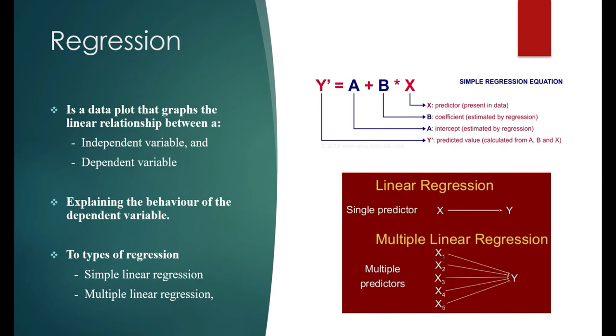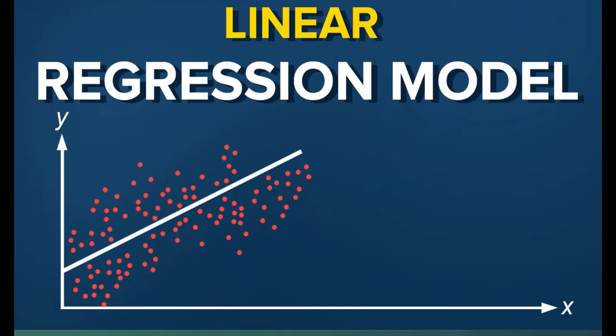While multiple linear regression, also known simply as multiple regression, is a statistical technique that uses several explanatory variables to predict the outcome of a response variable. This is a typical linear regression model where dependent variables are on the vertical axis and denoted by y, and independent variables are on the horizontal x-axis and denoted by x.